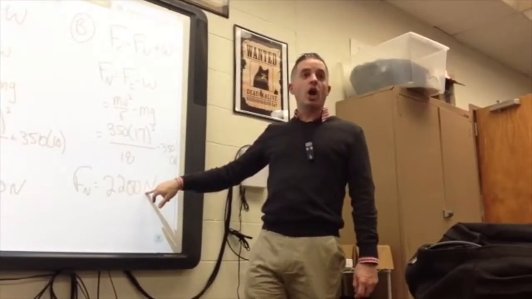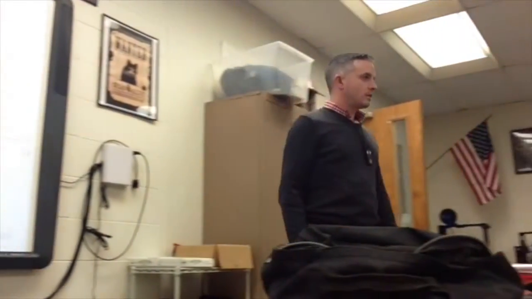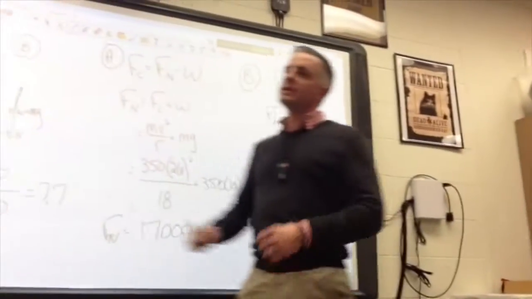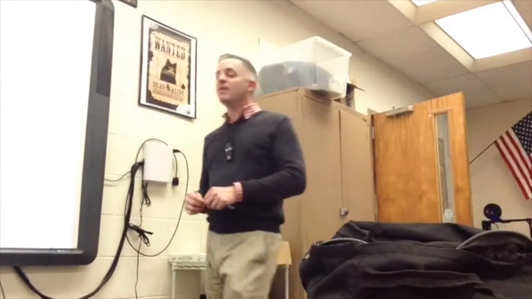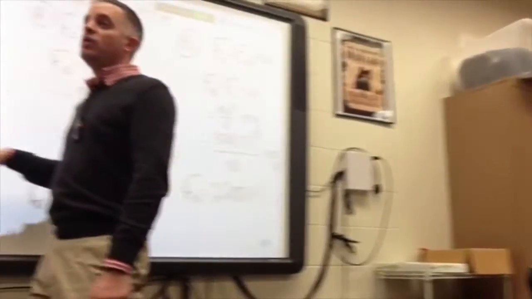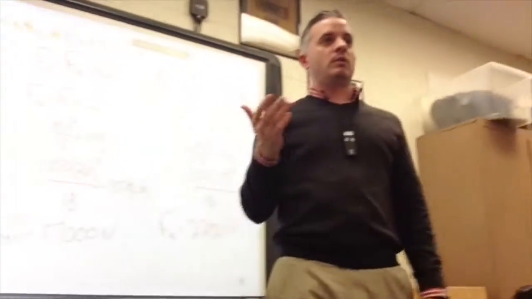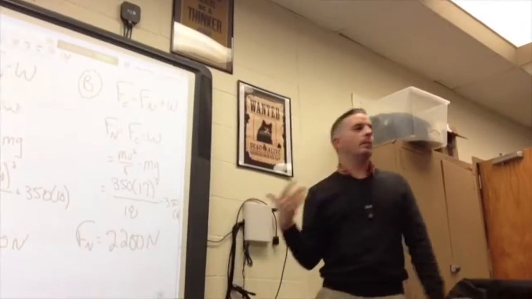But at the top, I should say, the normal force is significantly reduced. It's now 2,200 newtons. So when we put that together, there's a difference of a ratio of about 7.7 times. So you experience about 7.7 times more normal force at the bottom than you do at the top. That's a lot, that's pretty high. So let's think about this.